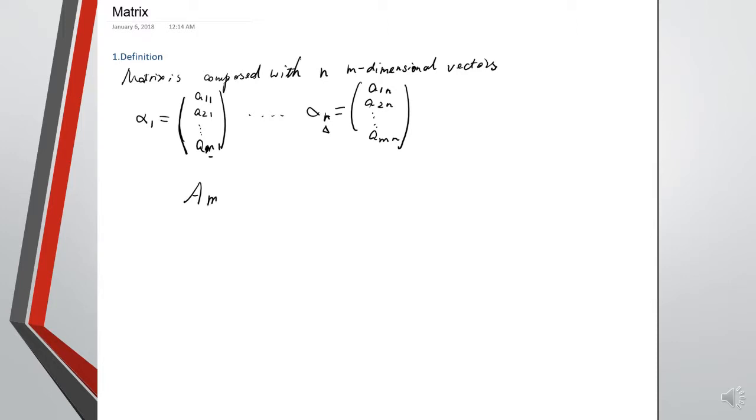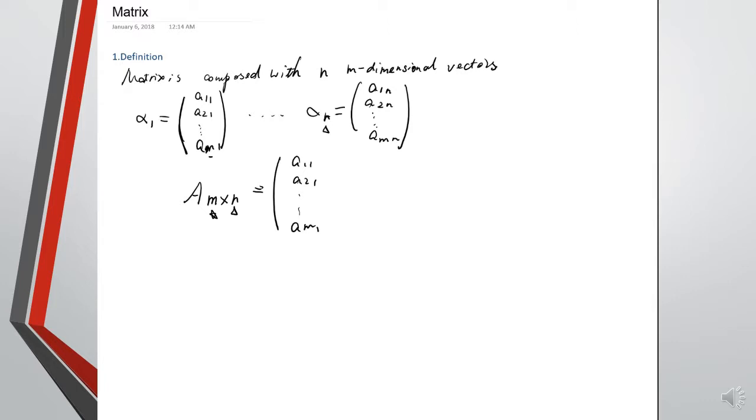So with n m-dimensional column vectors, let's put everything together. We have a11, a21, all the way to am1.